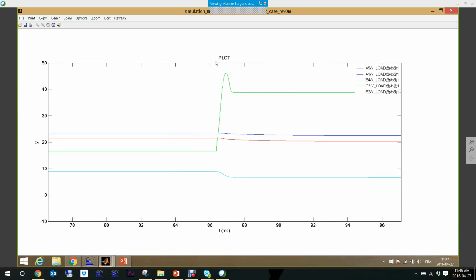And if we consider that the circuit breaker here is an ideal switch, and we do not consider the arc voltage function, it will lead to unrealistic transient overvoltage, and it will also lead to oversizing the overvoltage protective devices as well.